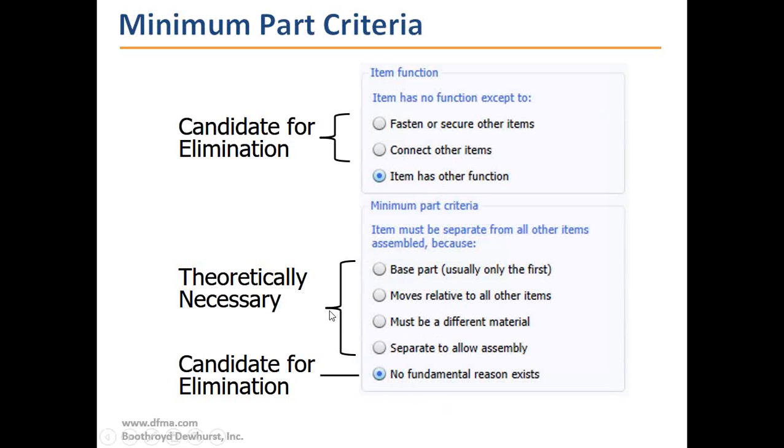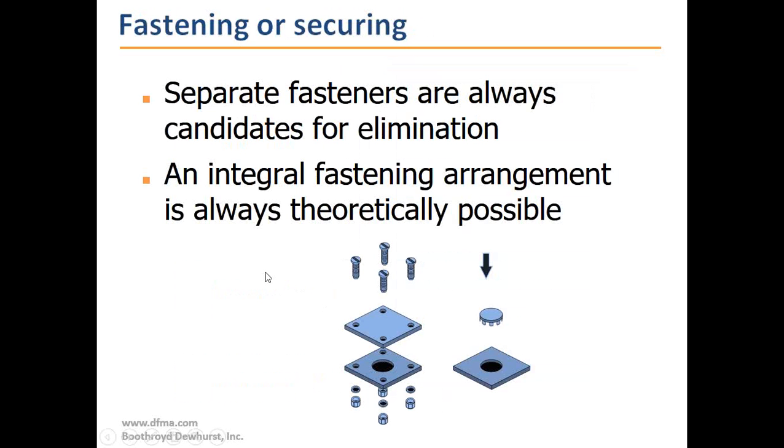So let's talk about what they are a little bit. I talk about them as 2 special cases of the minimum part criteria. That's probably an overstatement, but the first one is if something's sole function is to fasten or secure, then it's always considered to be a candidate for elimination. And the thinking is that some other integral fastening arrangement is always theoretically possible.